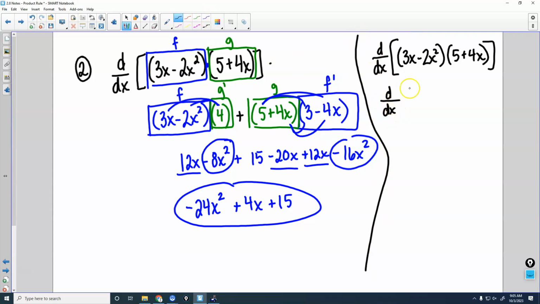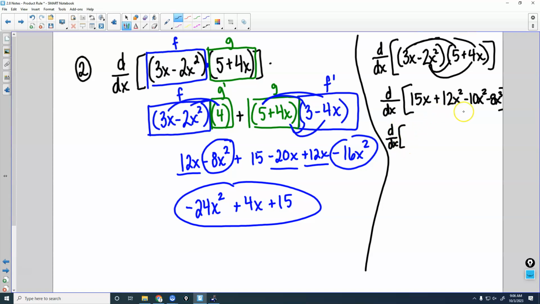So before I take the derivative, I could have done 15x plus 12x squared minus 10x squared minus 8x to the third, and if I combine my like terms, I would have negative 8x to the third plus 2x squared plus 15x.